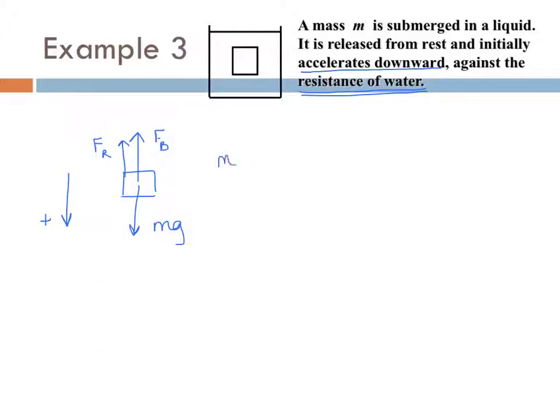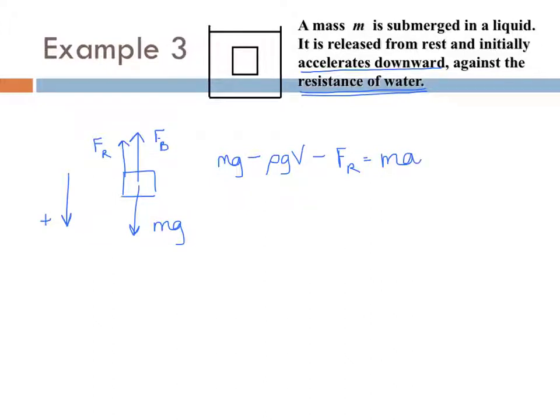So we'll have mg minus our buoyant force, rho g v, with v being the volume submerged, minus F_R equal to ma because it's accelerating.